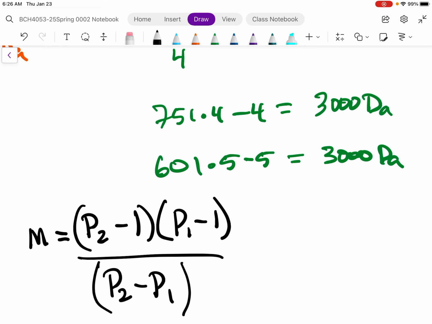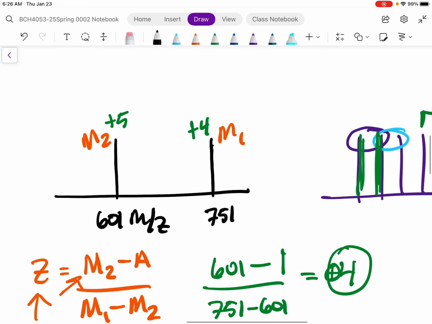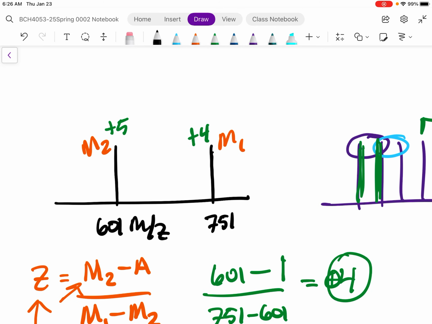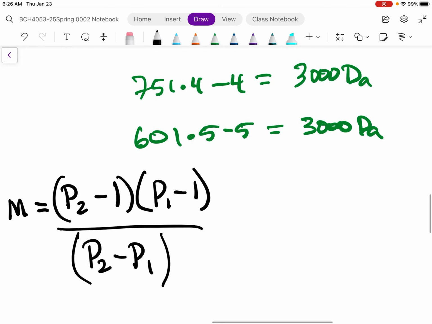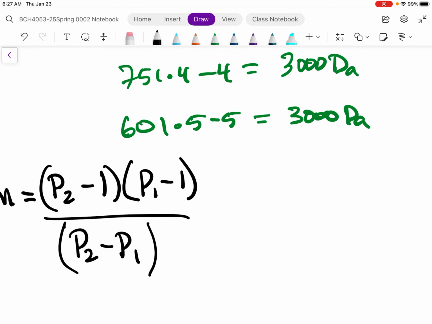So when we come back up here to our simple example, what is peak 2 going to be? It's going to be the one with the largest m over z. So that's going to be peak 2, and that's going to be peak 1. So when we come back over here and type those numbers in, 751 minus 1, minus 1, nope, not minus 1.